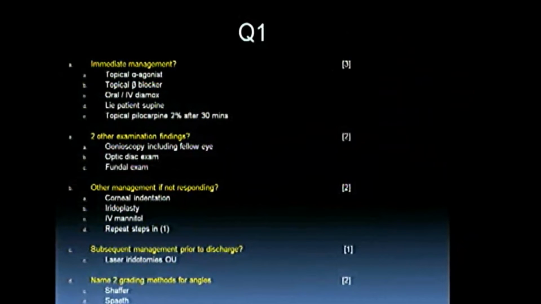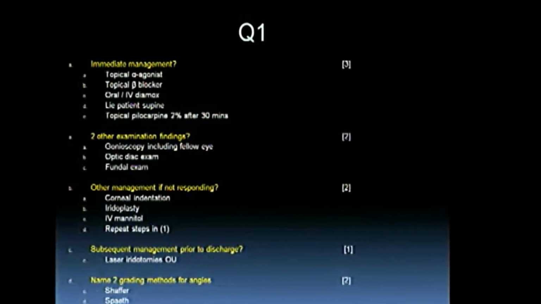You could get intravenous mannitol if there's no contraindication. Or you could do an emergency iridoplasty. Okay, so these are all things you can try to break a refractory attack of angle closure. The thing you must do before the patient goes is laser PI, and I'm sure you all know that from your casualty training.